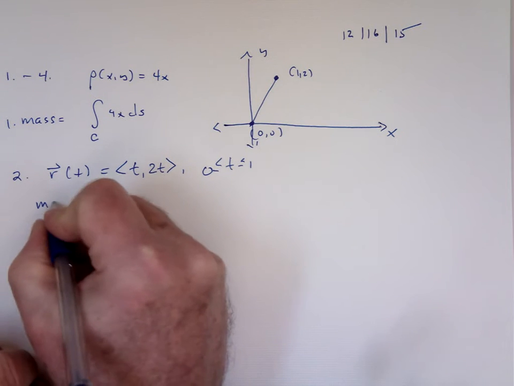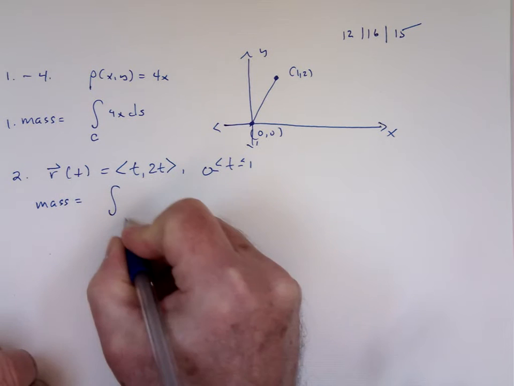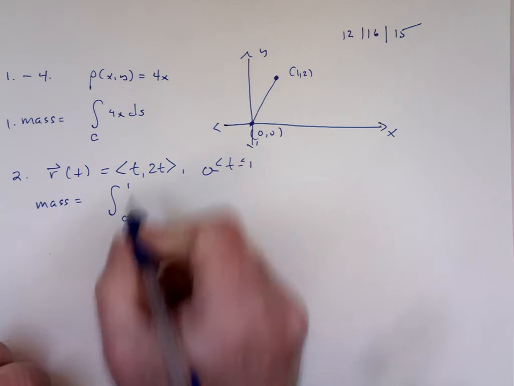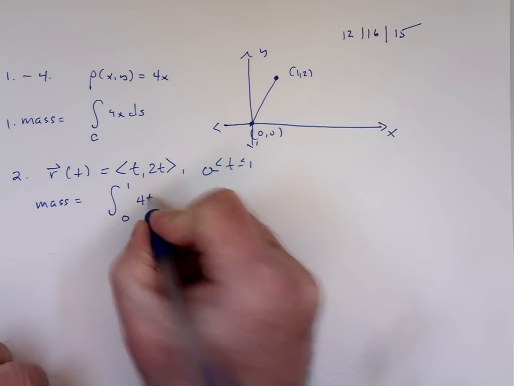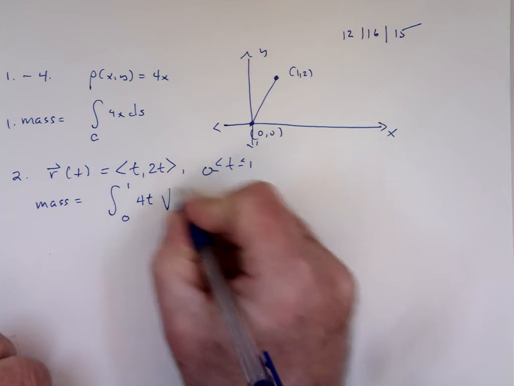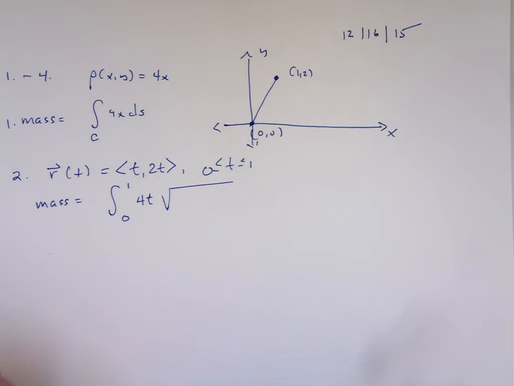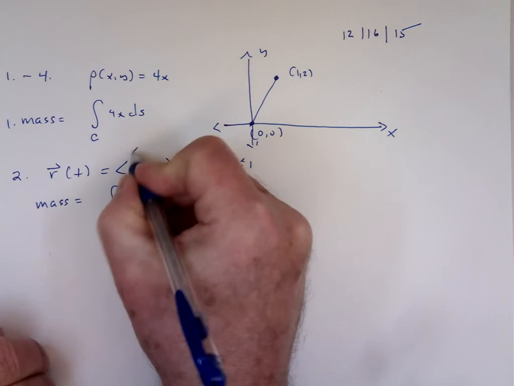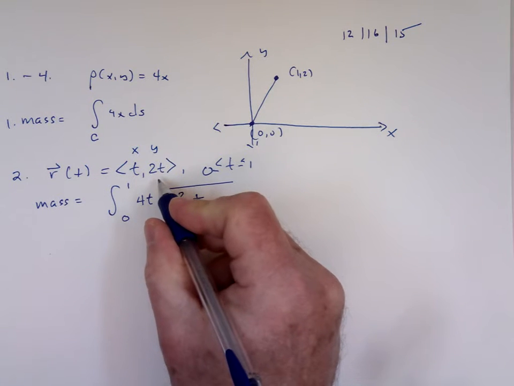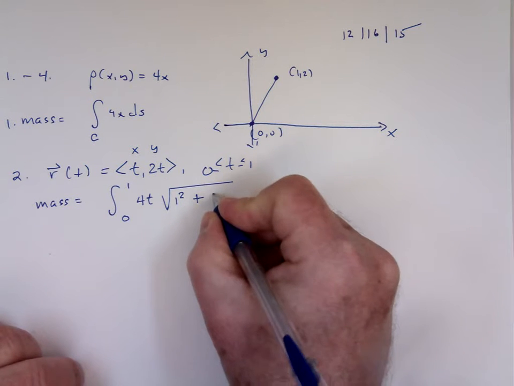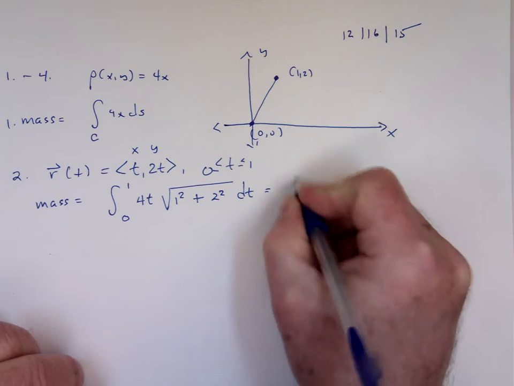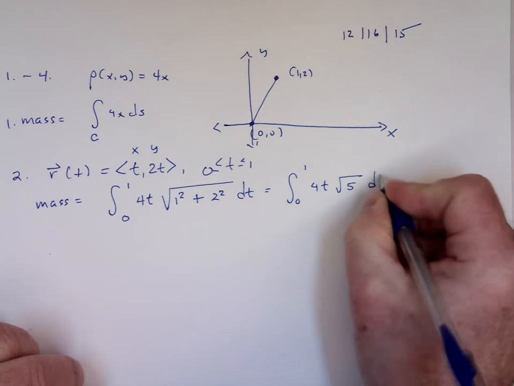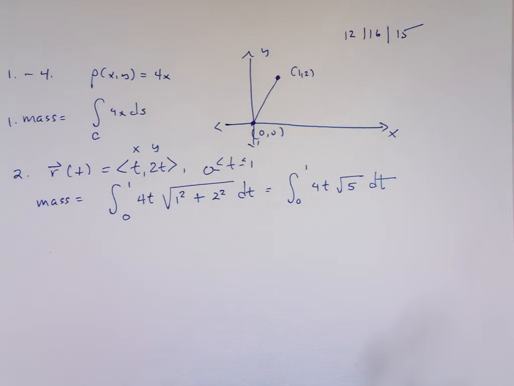The mass would equal the integral from 0 to 1 of our density function for x, which is t, times the square root of (dx/dt)^2, 1 squared, plus (dy/dt)^2, 2 squared, dt. This is the integral from 0 to 1 of 4t square root of 5 dt. That will give us the mass of the wire.